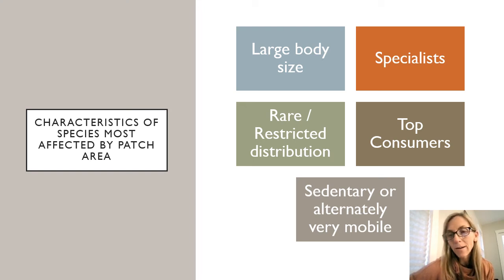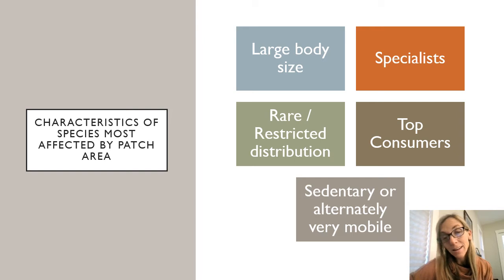So we now have a better understanding of characteristics of species that are going to be most affected by patch area. We know, of course, it's somewhat intuitive that species with large body size are going to be impacted by the amount of space available to them. So larger species generally require larger areas to meet their energetic needs.